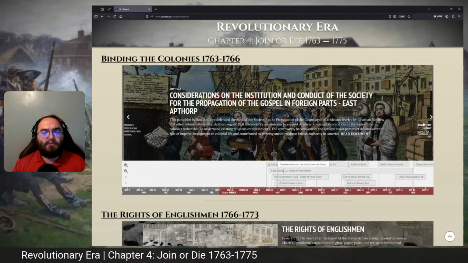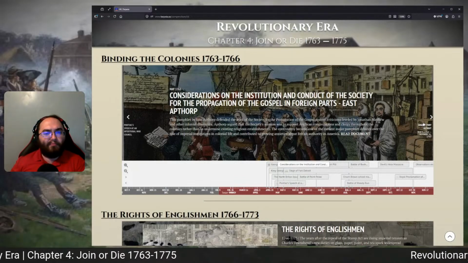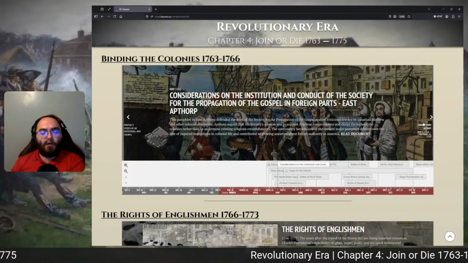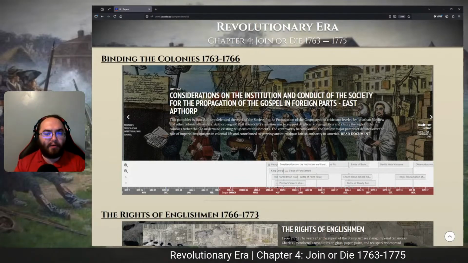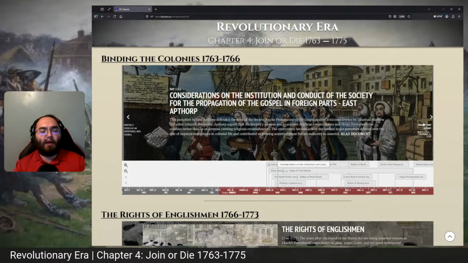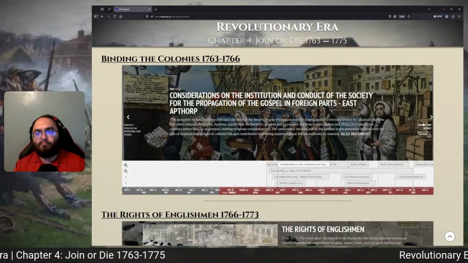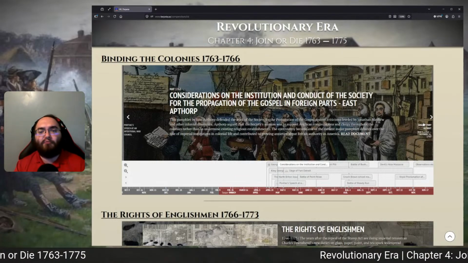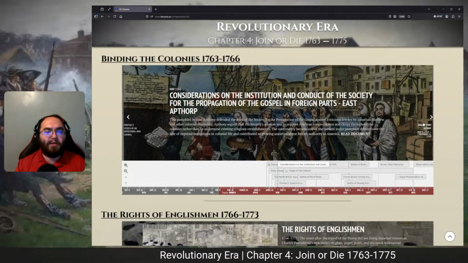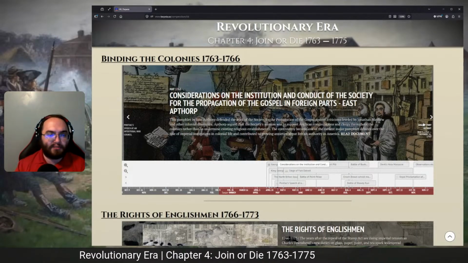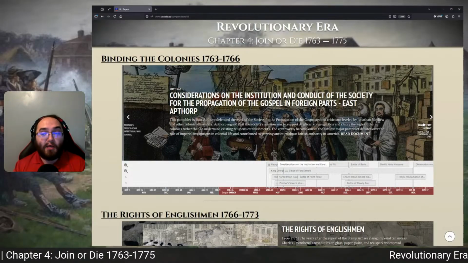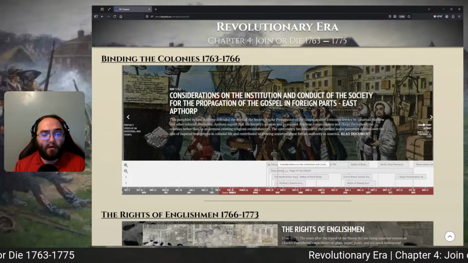You have to keep in mind, under the British Empire, they are under the Church of England, but not everyone in the British Empire is Anglican. You have Presbyterians, you have Baptists, you have Puritans, you have this wide range of English Protestants. I mean, you have some Catholics too, living in the American colonies.